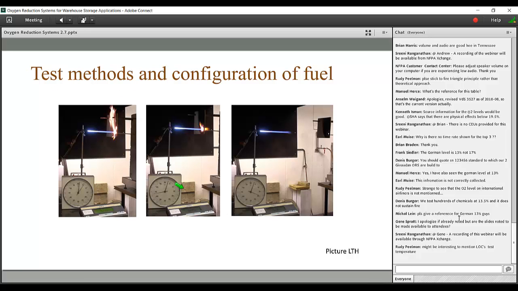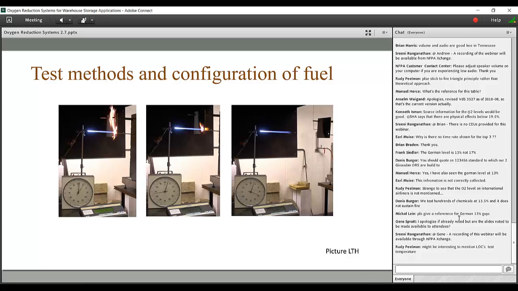So if you look then at an example of a test which we did in a previous study here in Lund, from the left to the right, this is just the same test setup.